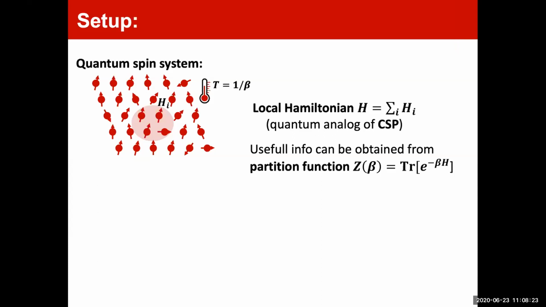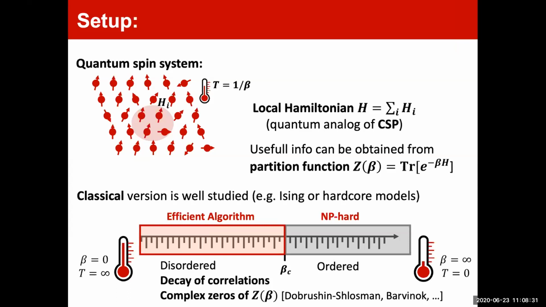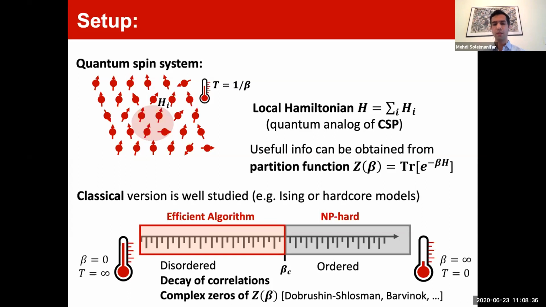And another question, they ask if this phase transition happens in the sampling of the Gibbs state, and if so, is it the same transition point as the computational transition? So in the worst case, from the classical side, we know that there is a specific Hamiltonian where the physical phase transition matches the computational one, and this carries over to the quantum case. But we don't focus on a specific family of quantum Hamiltonians where we can pinpoint the physical and the computational one to be the same.